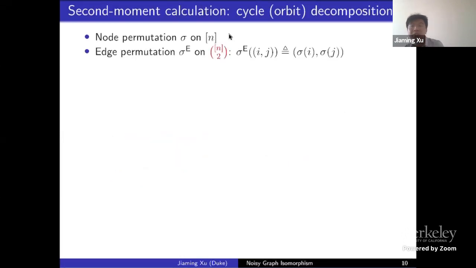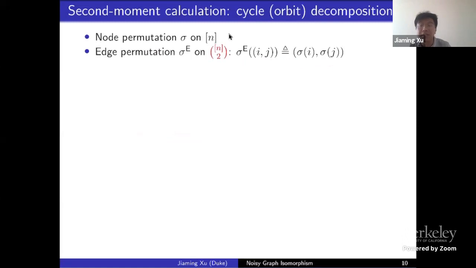To do that, I need to introduce the cycle decomposition of permutations, so let me briefly review that. Given a node permutation sigma, it naturally induces an edge permutation, which I call sigma superscript E, on the n choose 2 unordered pairs as follows.